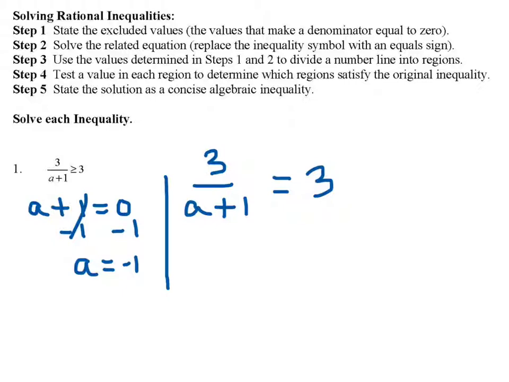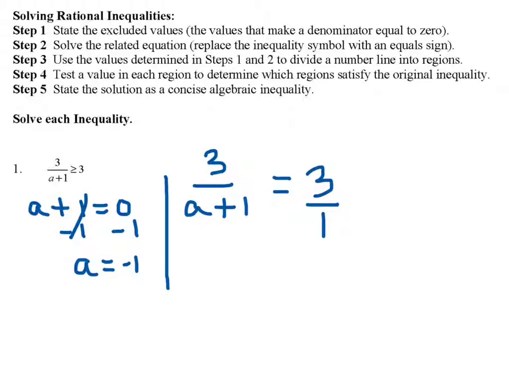Now let's solve the related equation. In this case, we have a rational expression set equal to an integer. What we could do here is set up a proportion. Let's write that as 3 over 1 and cross multiply.